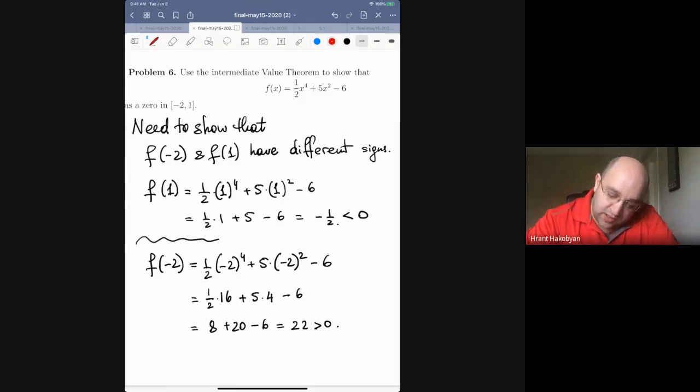So you have that f of 1 is negative, and f of -2 is positive.